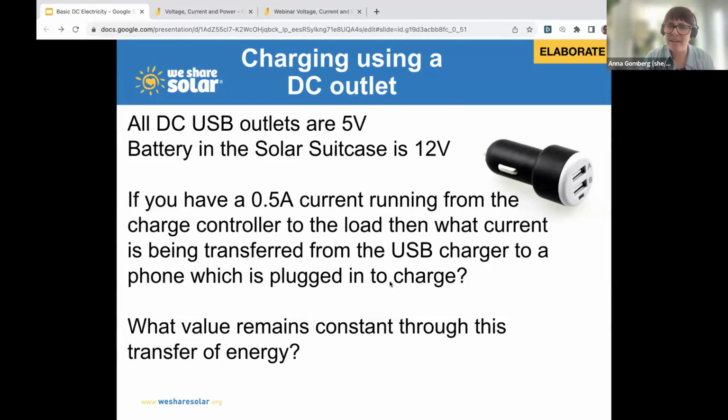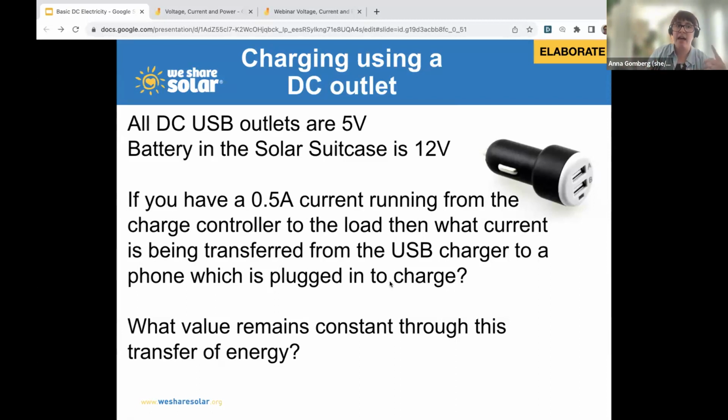So yeah, we can also just talk it through and see if you can work it out. You've got a battery with 12 volts providing a 0.5 amp current. And then what you get at the end on the other side is 5 volts and some other current. So what's the current that a phone is receiving once it's plugged into that DC outlet?